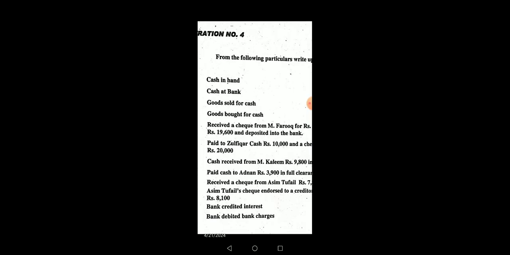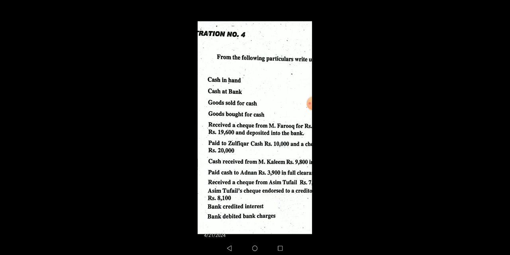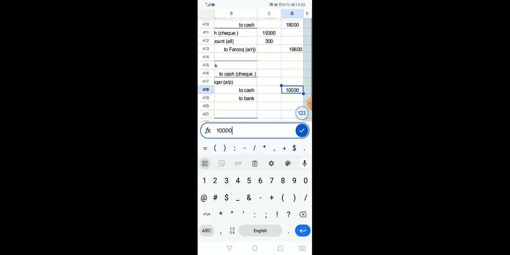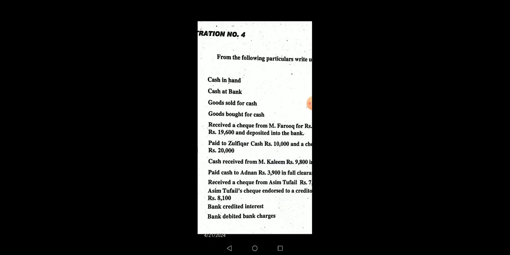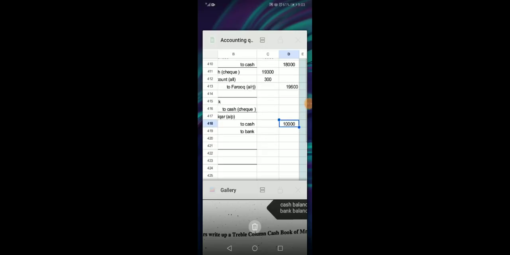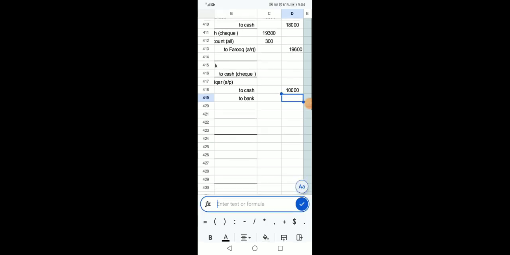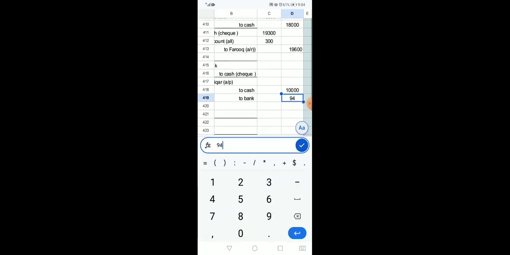How much cash has been paid? We will mention first: paid Zulfikar cash of 10,000, so you will mention 10,000 in front of cash. Then the second amount is the check of 9,400, so you will mention 9,400 in front of bank.